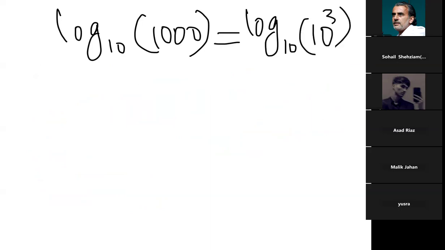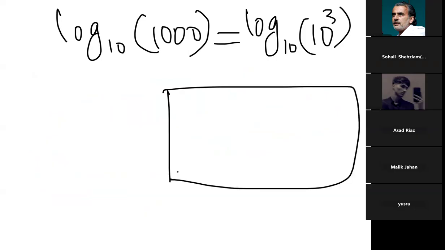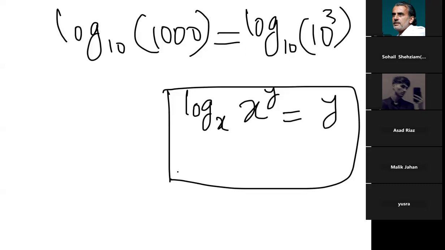From the fundamental properties of log, what we know is that log base x of x raised to the power y is y. And why is that the case?